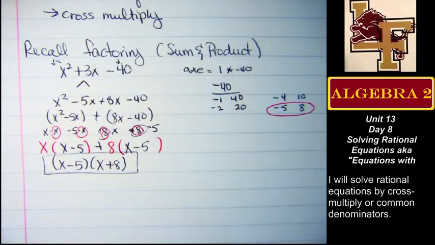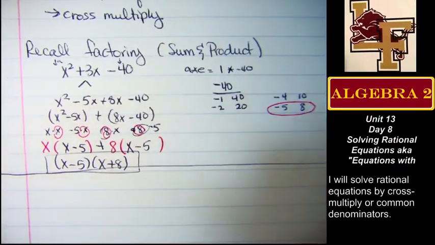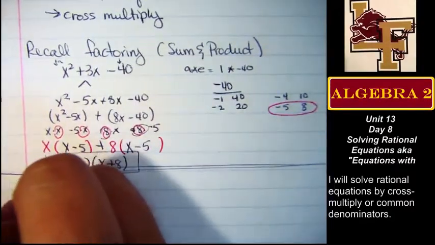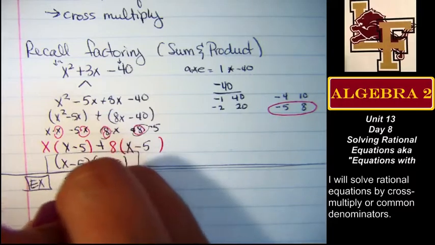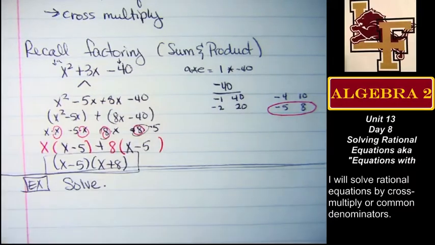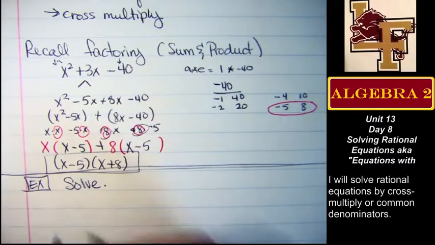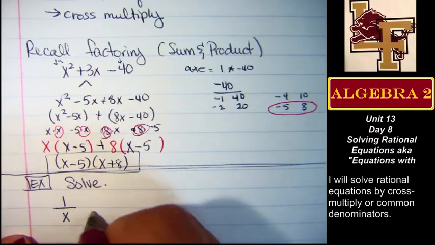Yeah, easy enough? Alright. So then let's practice doing this whole getting rid of fractions in equations, solving these rational equations now that we've recalled our factoring. Alright, the directions say solve. Our first equation looks like this.